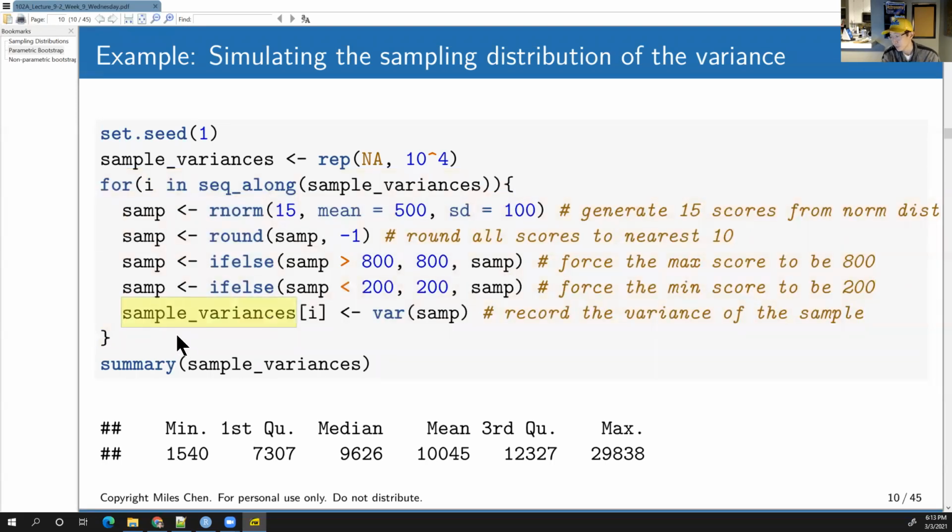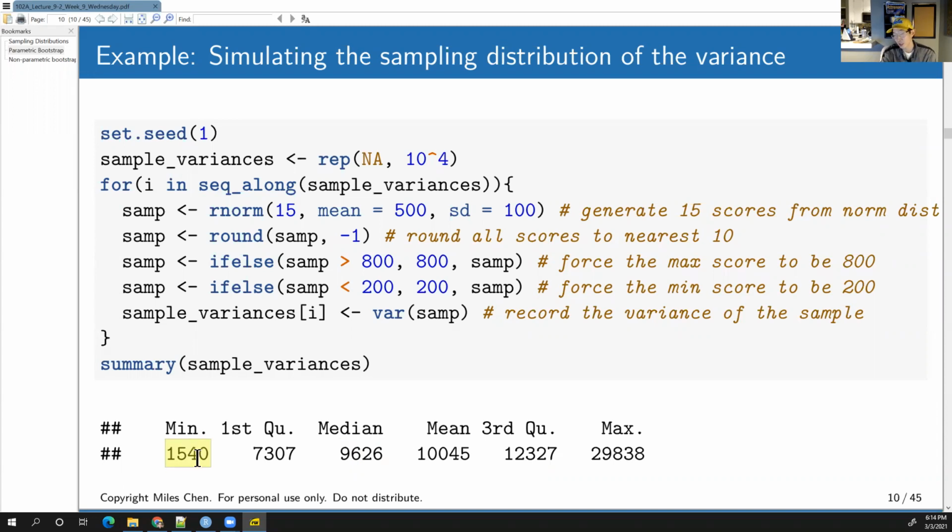And we're going to get the variance of each of those 10,000 samples, and they're going to get stored here. And so I ask, what are some summary values of this? Okay. And so most of the time we're getting a variance of a little under 10,000, 9,626. The mean is a little over 10,000, 10,045. One sample had a variance as low as 1,540.